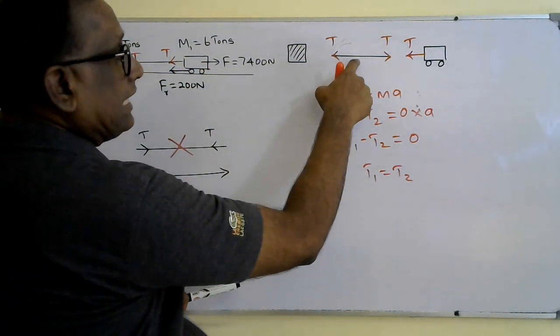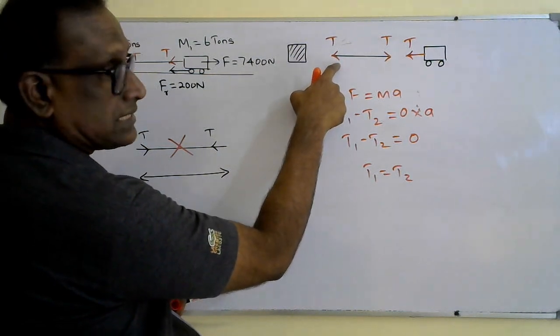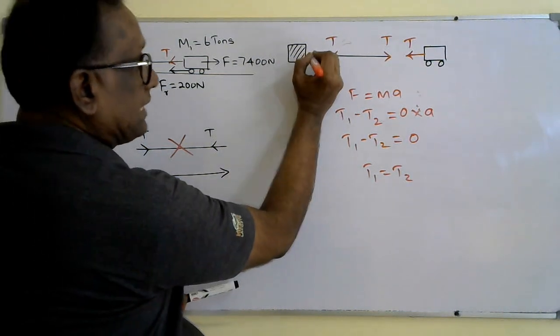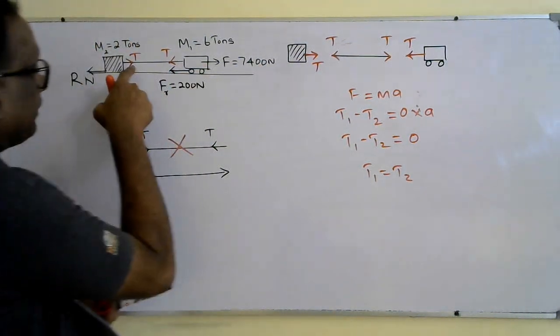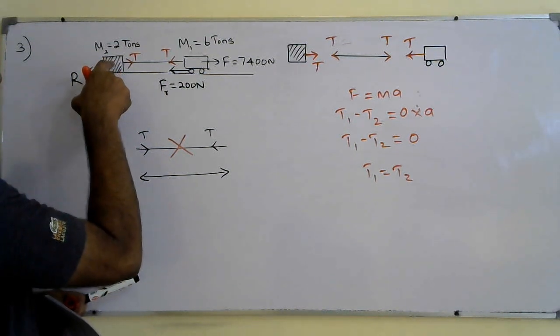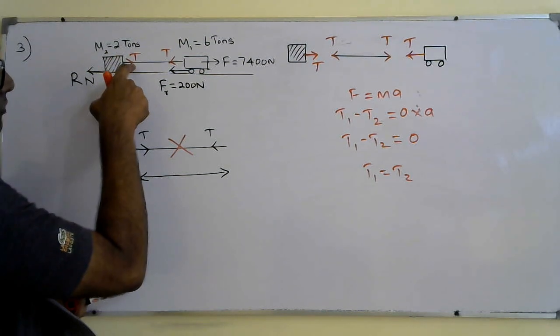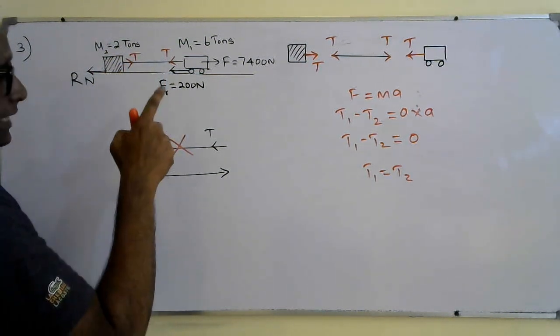Same way, the string is pulling the box. So the box is exerting this tension on the string. So the string is exerting tension on the box this way to the right. So what I marked here is the third law pair of the tension acting on the box. So be careful, these two arrows don't indicate the forces acting on the string.